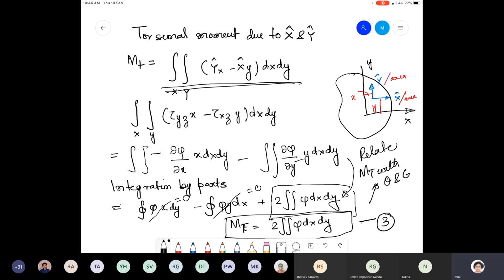So this relation gives me the torsional rigidity of the bar of any arbitrary cross section. Is that clear? Anyone has any question?